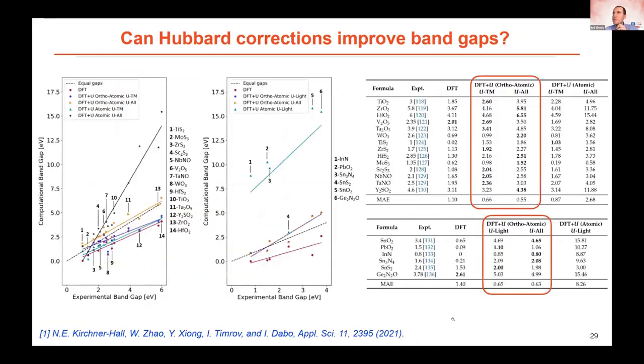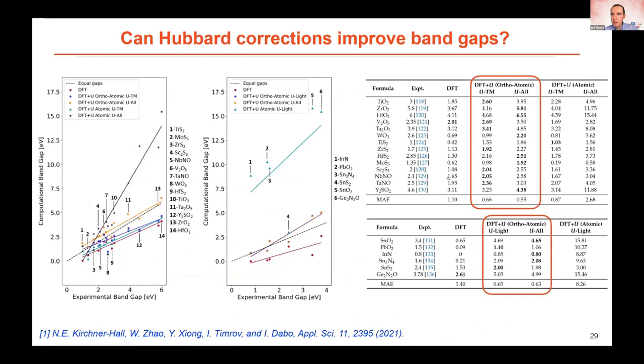There is a lot of discussion about band gaps. People like band gaps. So DFT plus U improves band gaps. It doesn't give you a perfect, very accurate one, but it improves with respect to DFT. And if you look at this table, we studied a bunch of systems.